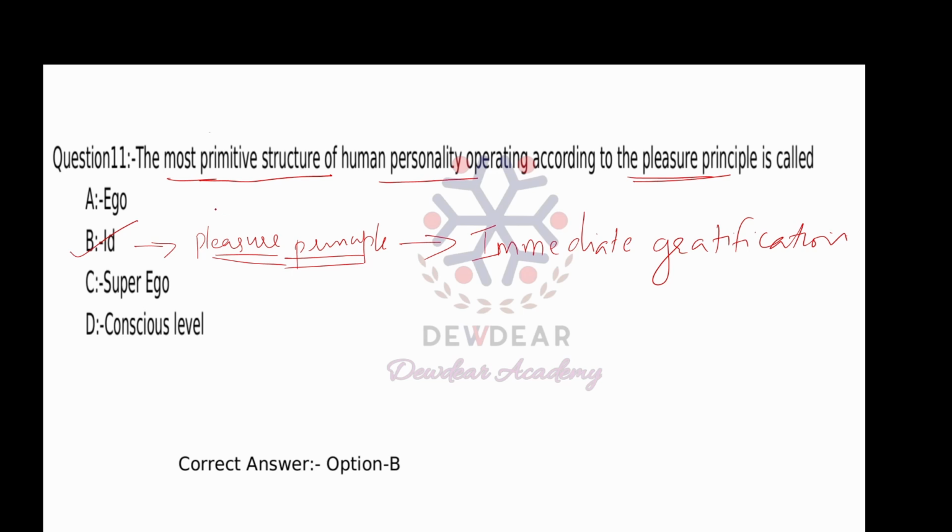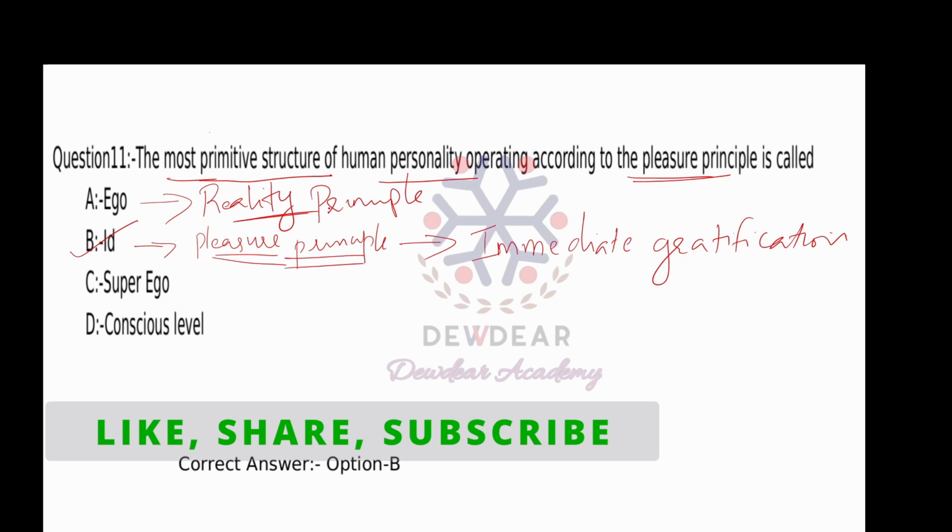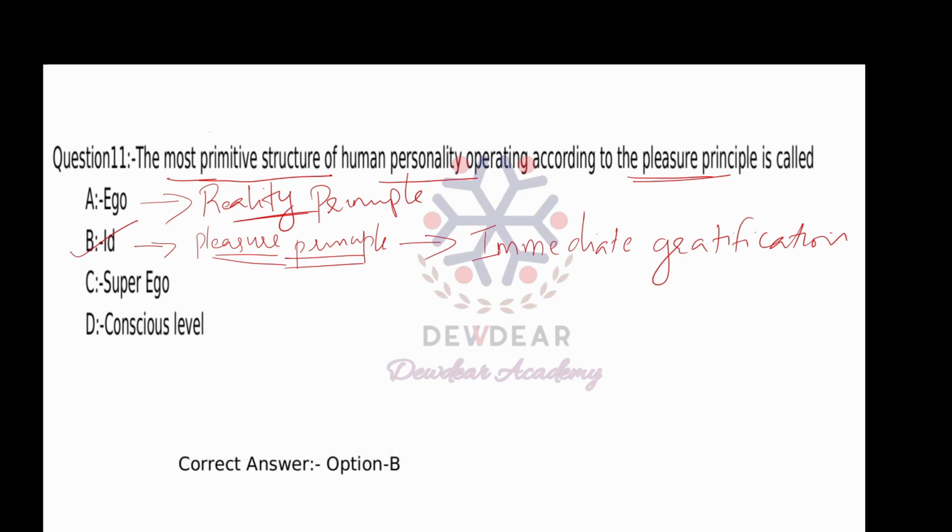The next is, what is ego? We discussed the part of personality id first. Ego is also a part of personality, and it operates according to the reality principle. It develops to help the individual mediate between the primitive desires of the id and the moralistic demands of the superego.